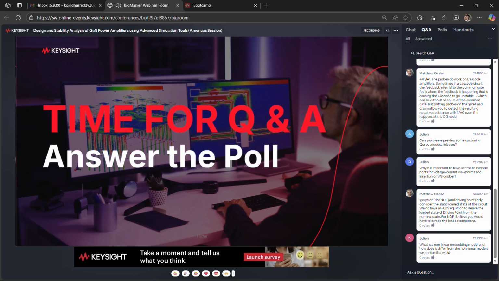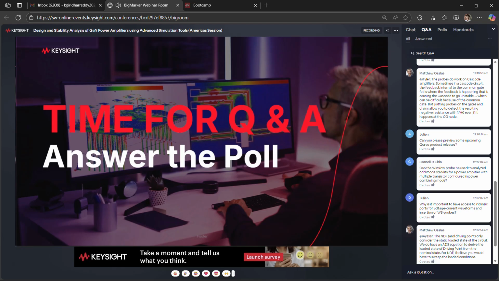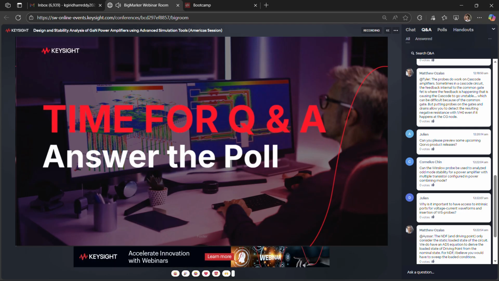The second part of that question had to do with the WS probes, which Matt talked about in some detail. The stability analysis that's enabled by those is really dependent upon the feedback that's included in the analysis, right?